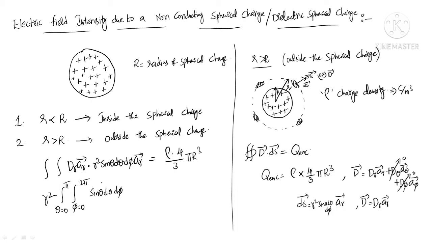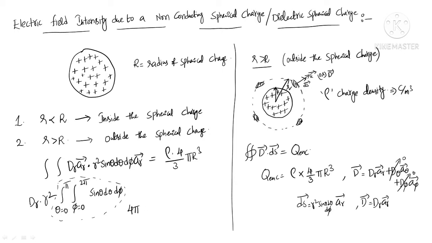We have evaluated this surface integral many times. Its value comes out to be 4 pi. We have evaluated this many times in our previous classes, so I want to write it directly as 4 pi.